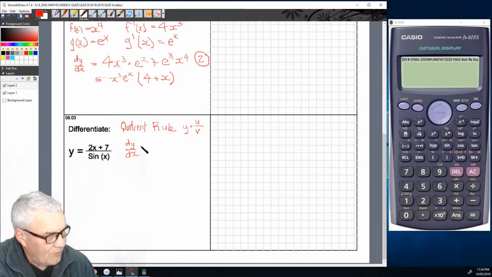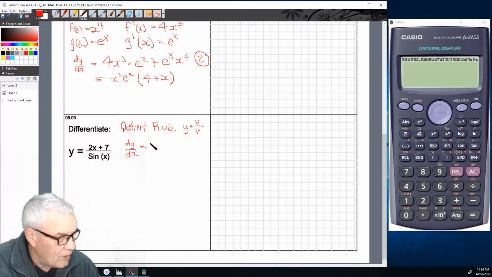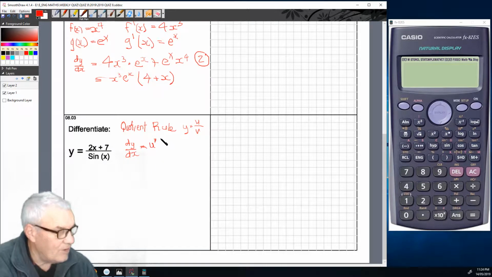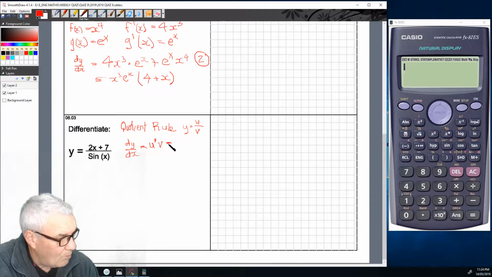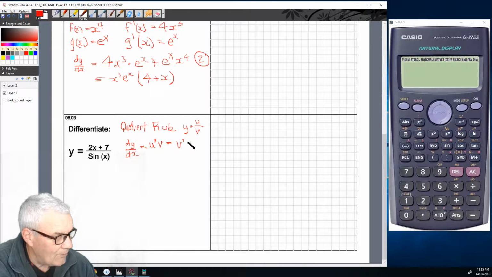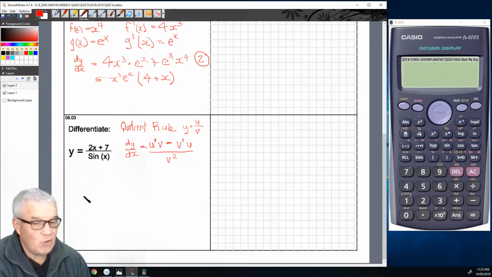So dy by dx equals u dash, so that's the differential of the top, times v, the bottom, minus the differentiation of the bottom, v dash, times the top, all over v squared.